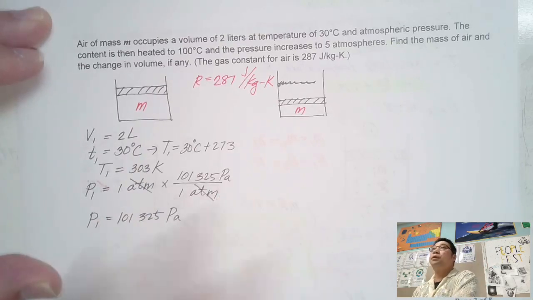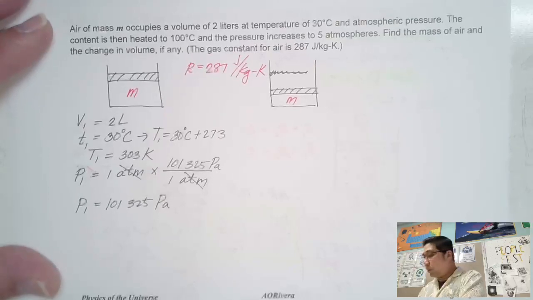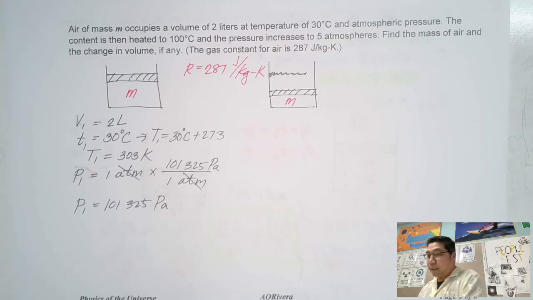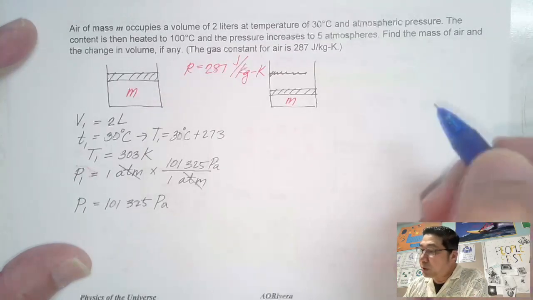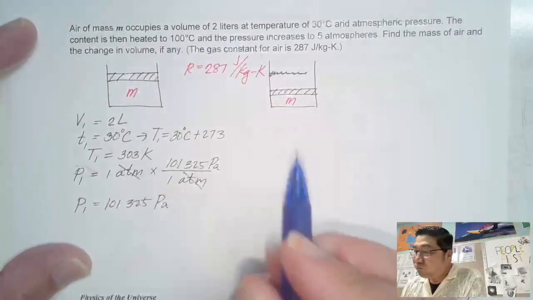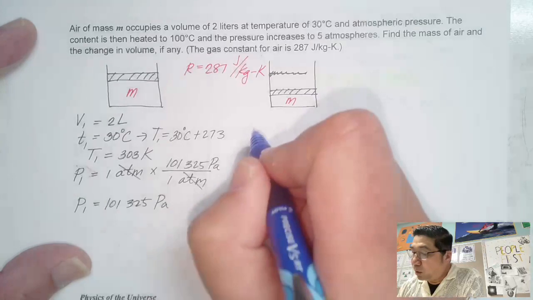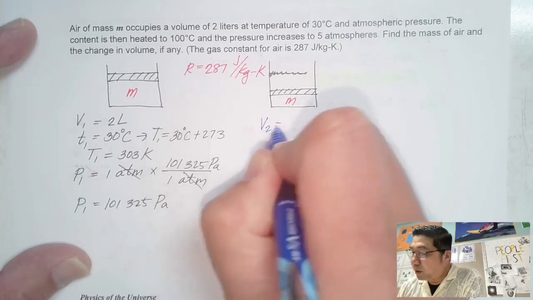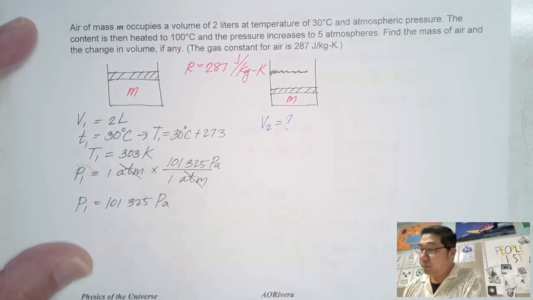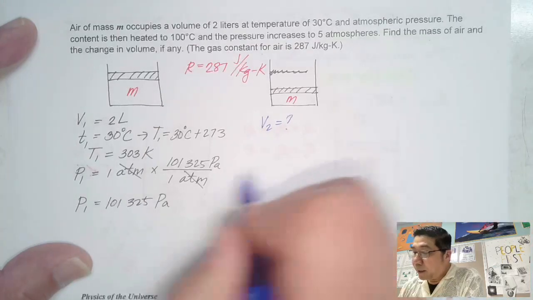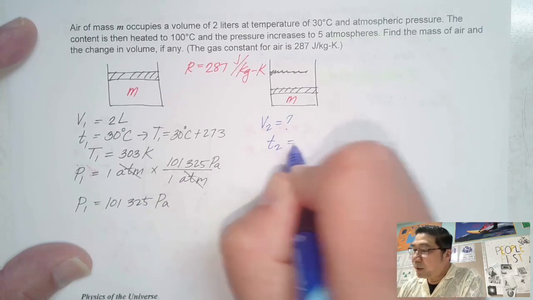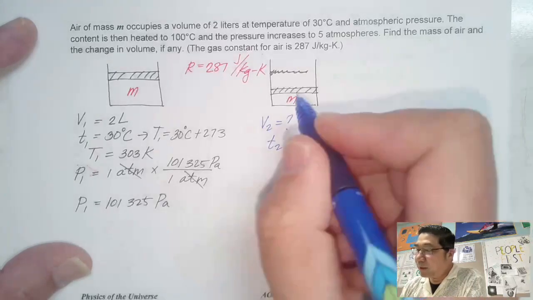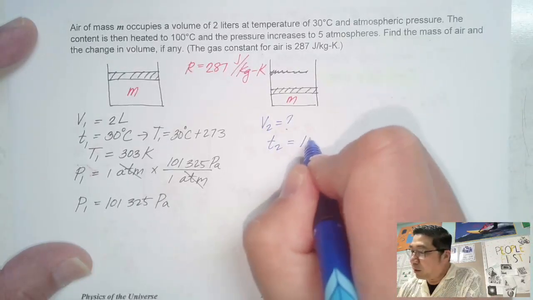Second condition, how much do we have? So condition number 2 is going to be different. What is your volume? We don't know the volume, so we're trying to solve for V2. Now, what is your T2? It was heated to a temperature of 100 degrees Celsius.